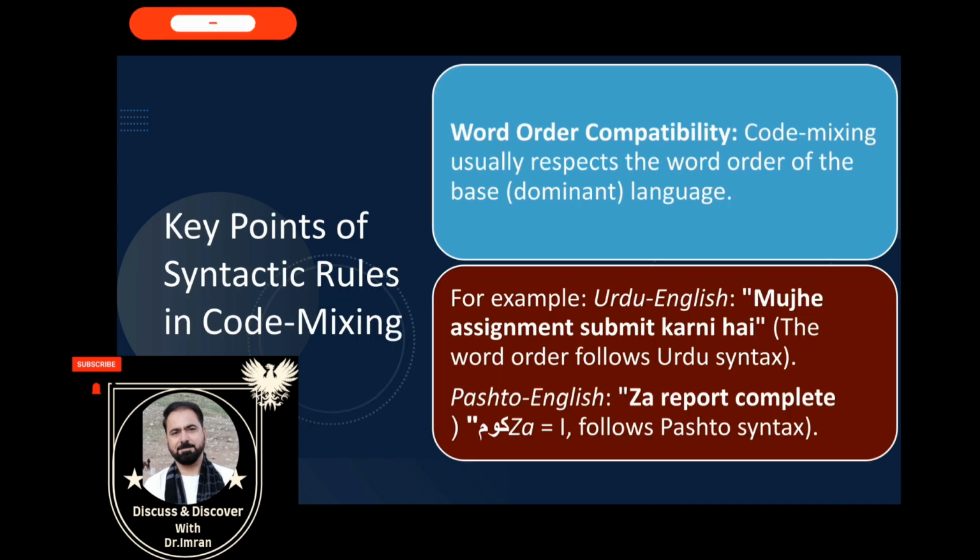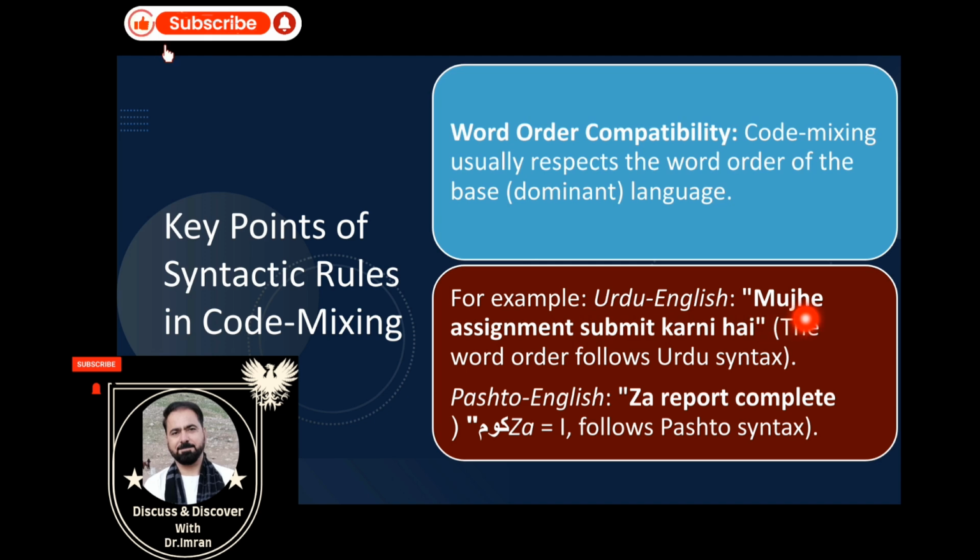For example, key points of syntactic rules in code mixing. For example, word order capability. Code mixing usually respects the word order of the base or dominant language. For example, Urdu, English. So here your dominant language is Urdu, not English. So you will follow the syntactic structure of Urdu.